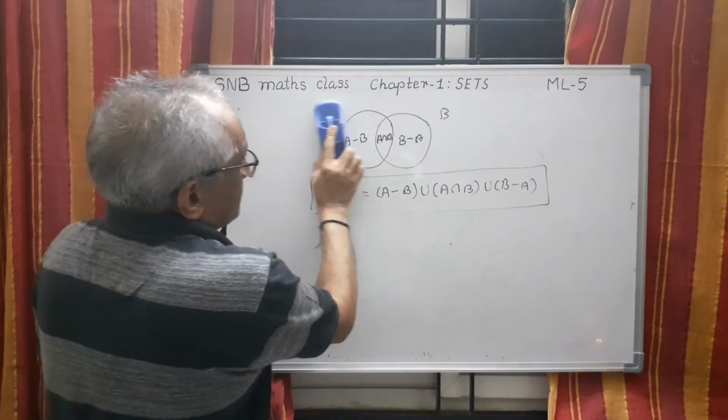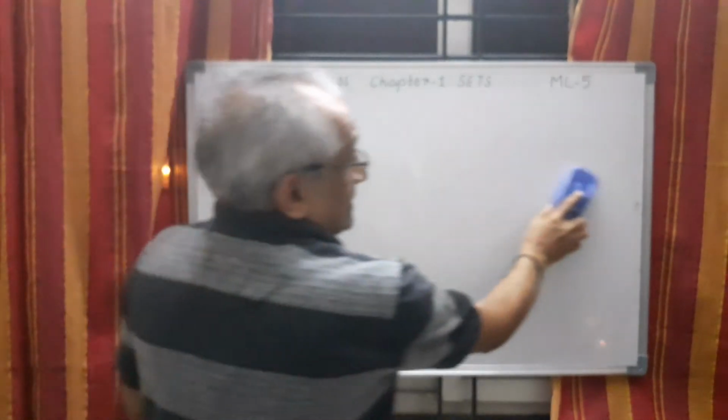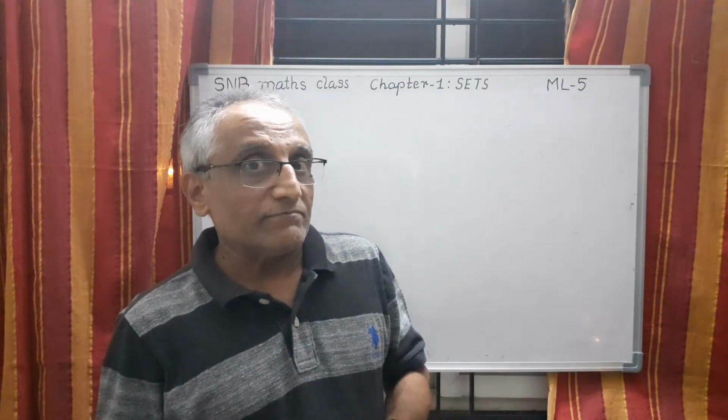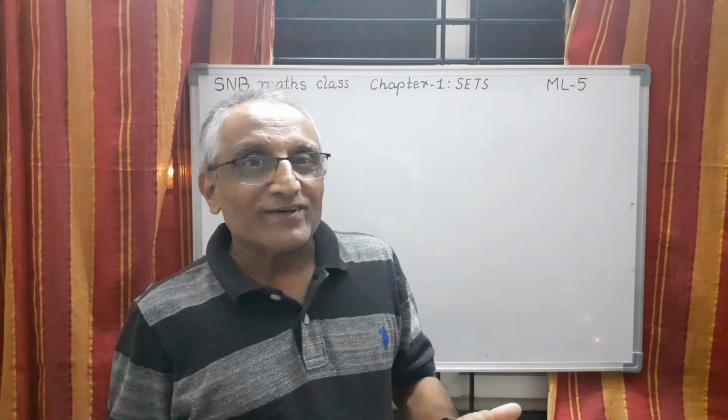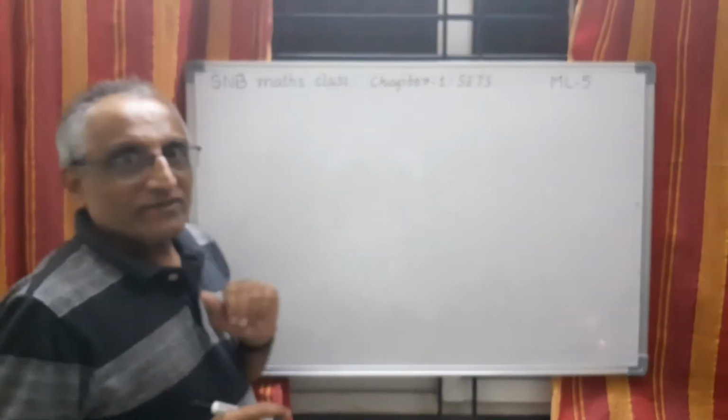Let me just sum up what we have done now. The third operation, set difference, is completed. The fourth one, the last one, is remaining. Let me just introduce the concept: complement of a set.